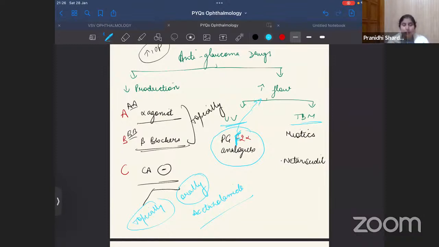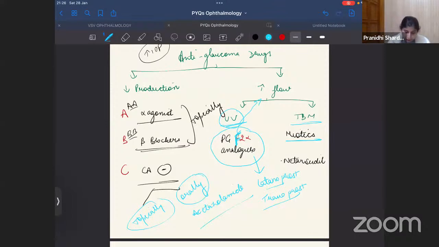So PGF2 alpha analogs, that is latanoprost, travoprost. These are the prostaglandins which increase the uveoscleral outflow. The next is the trabecular meshwork outflow. It is by miotics.